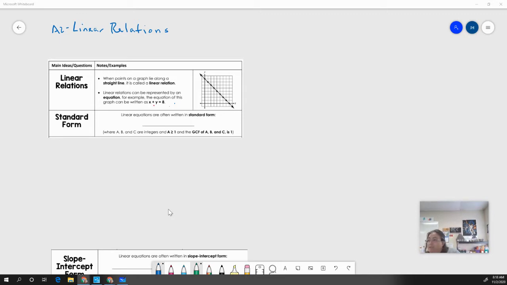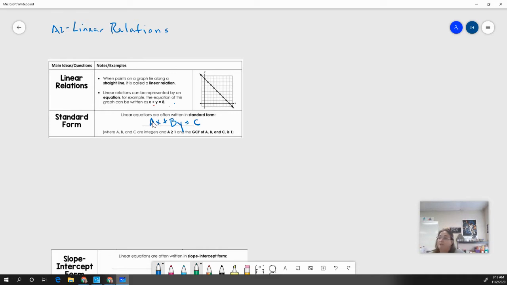Often you'll see them written in the standard form. And I know you guys are really familiar with y equals mx plus b, and we're going to get to that because it's a really important form. But the standard form of a linear relation is ax plus by equals c. And there's a couple important things to remember here.